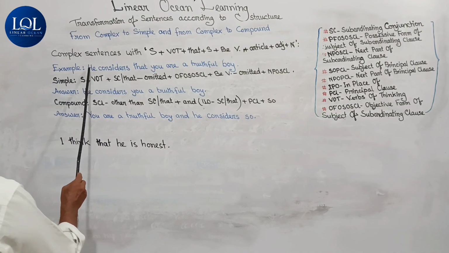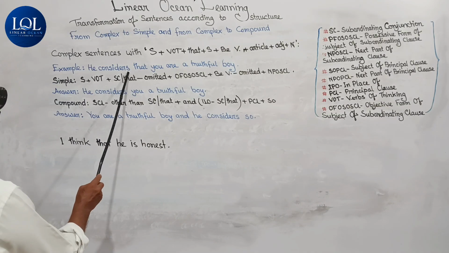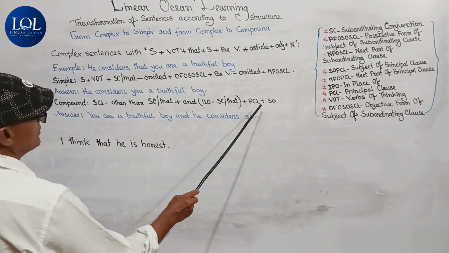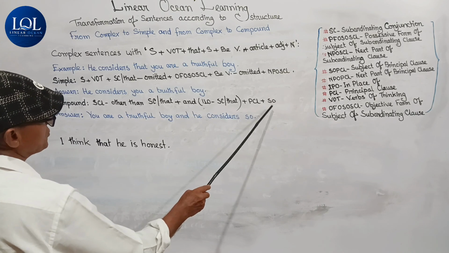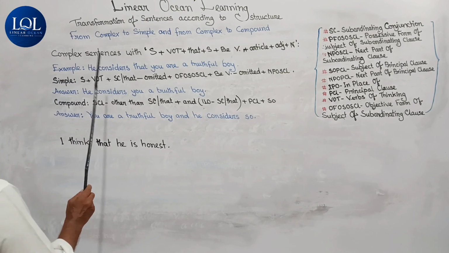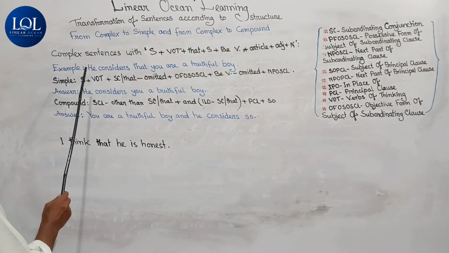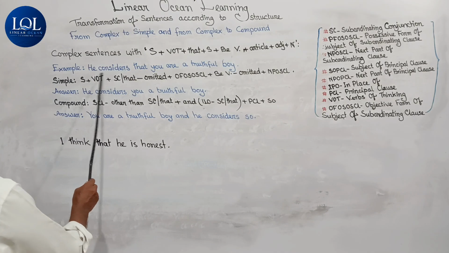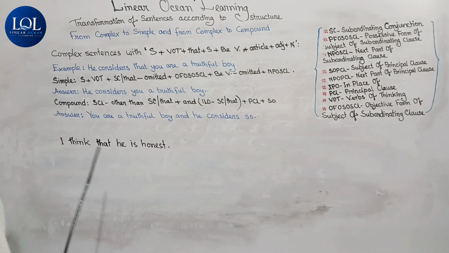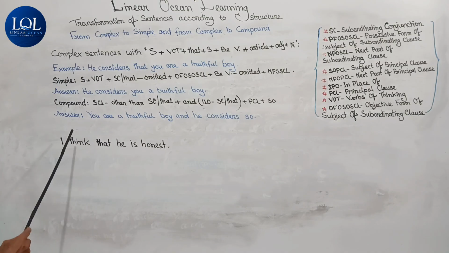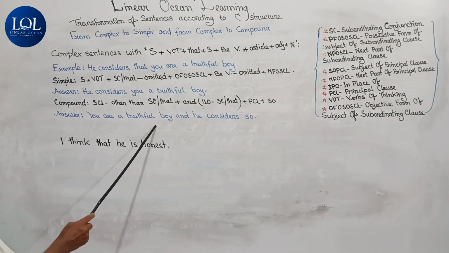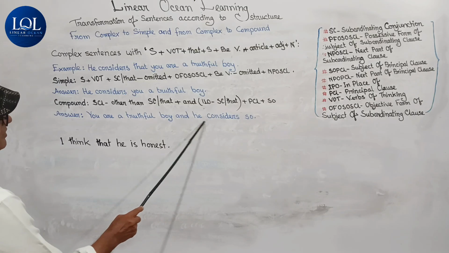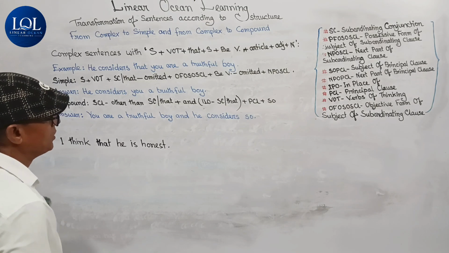Here PCL, that means Principal Clause, is considers. Then after that we have to write so as the object of the Principal Clause, he considers so. If we follow the structure, the compound sentence we get is: you are a truthful boy and he considers so.